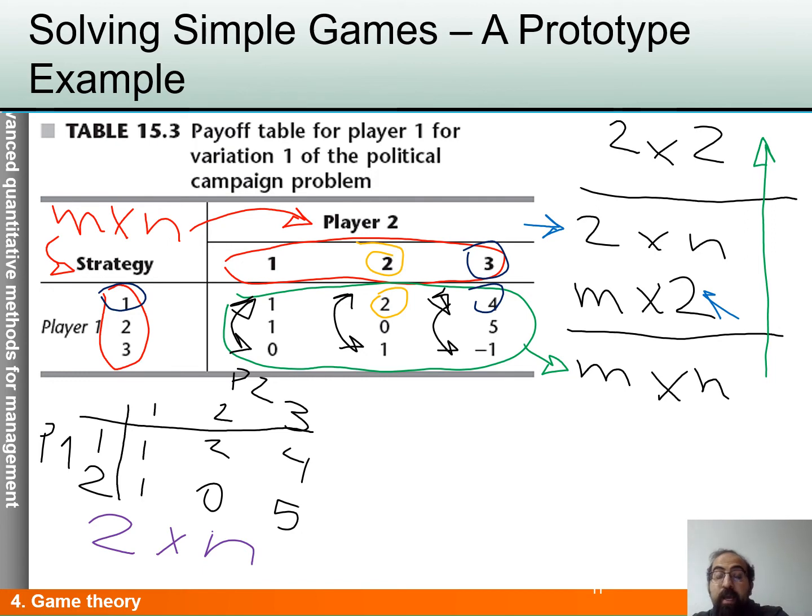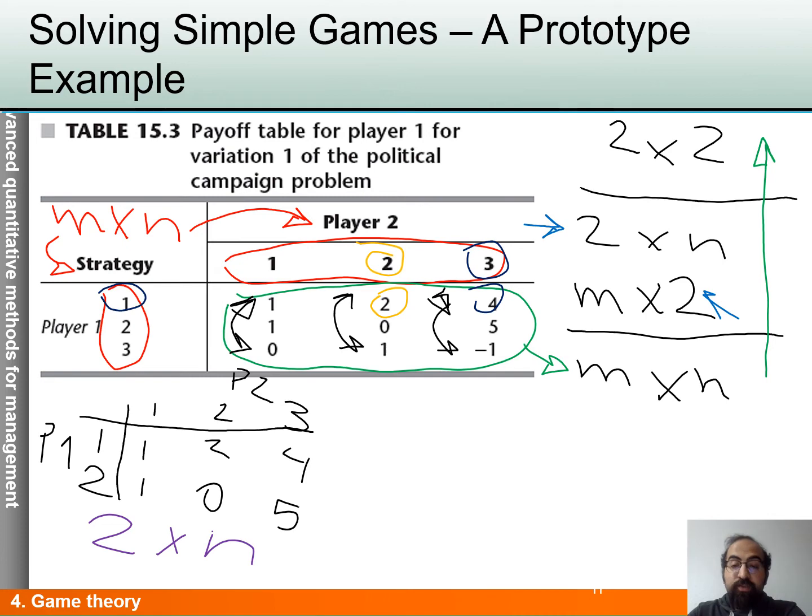Up to here, I can say that it's a dominant strategy. But in the comparison of strategy 1 and 2, what happens while player 2 selects strategy 3? As you see here, the benefit of strategy 2 is bigger. So because of just this element, strategy 1 can't be a dominant strategy in comparison with the second one, or vice versa. Here I don't have any more dominant strategies.